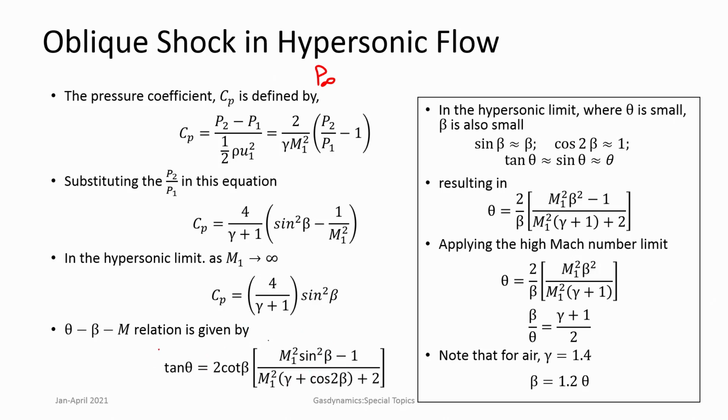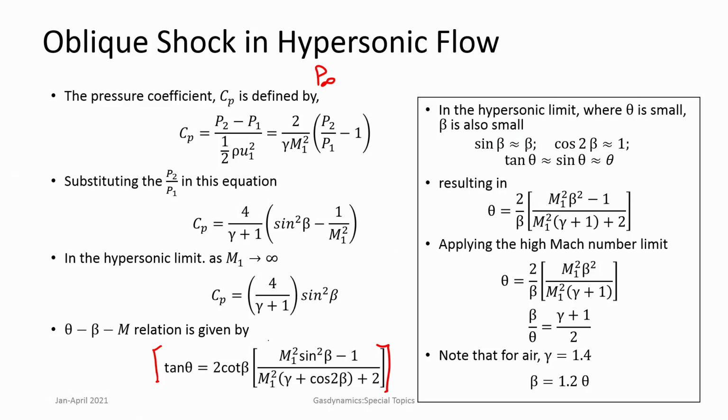So, if you consider this expression and consider that we are having a hypersonic body, a body in hypersonic flow, in the limit of large Mach numbers, and also that it is a slender body. When we say slender body, the angles of the body are small. So theta is small. If theta is small, we know as a consequence beta will also be small. Therefore, we can make these approximations.